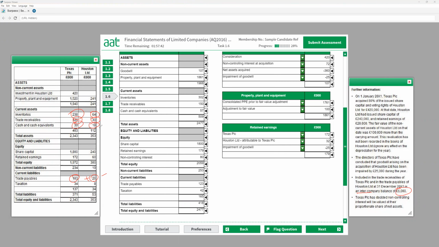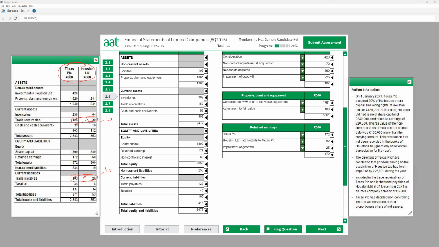Now, normally, what we do, obviously, it has to be minus from both. So trade receivables and the trade payable, we add it together, and we minus 6 minus 6. Remember that, because it's intercompany sale. So T sell to H. Now, obviously, when they are together, they become one company.